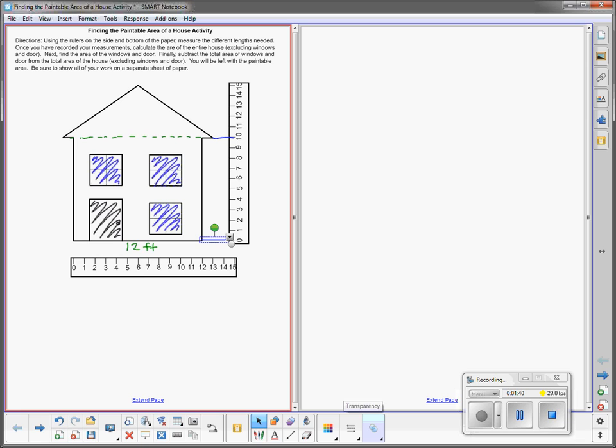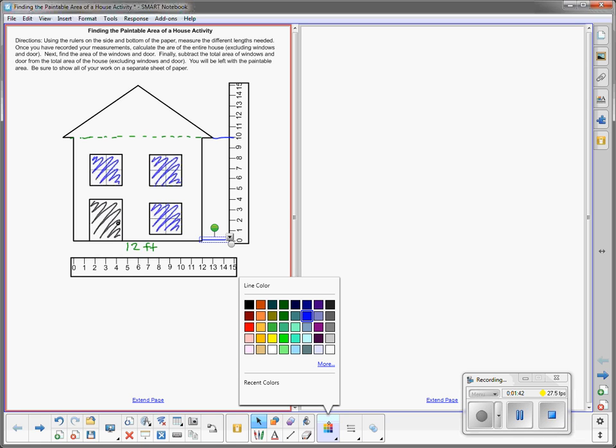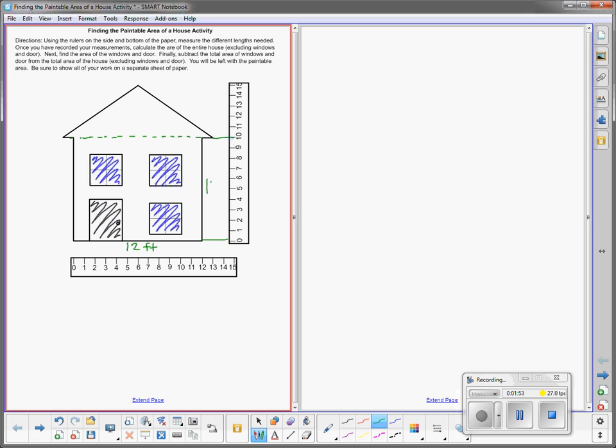That is 10 feet, 10 feet tall. And so that means I can find the area of the rectangle.